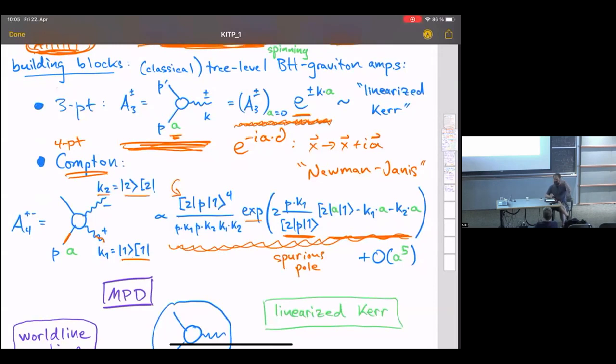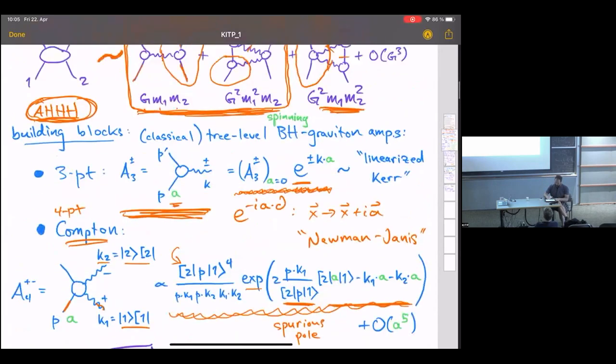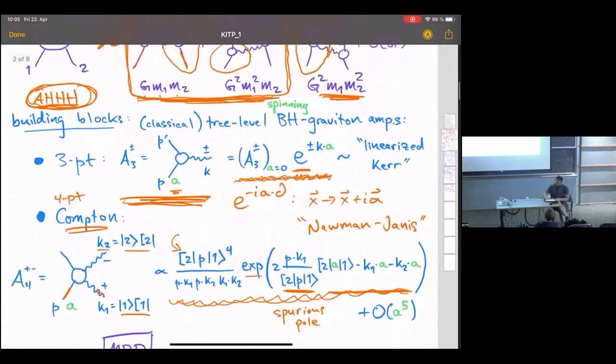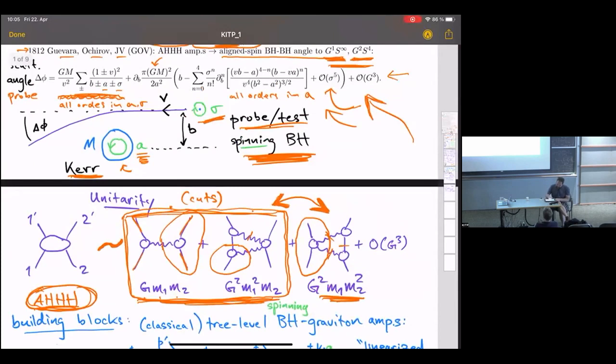Again, this is related to problems with massive higher spins greater than 2. Let me also point out, in this classical answer for a scattering angle, there's also a manifestation of this spurious pole.